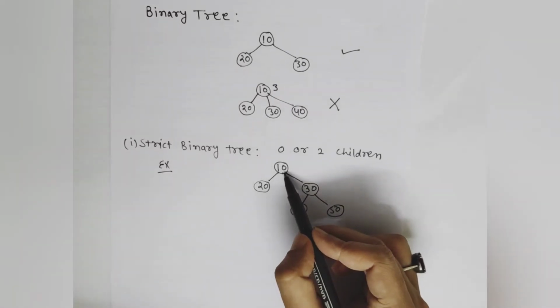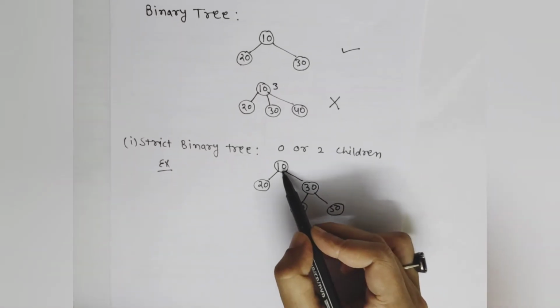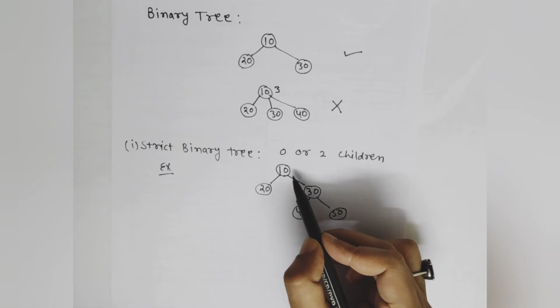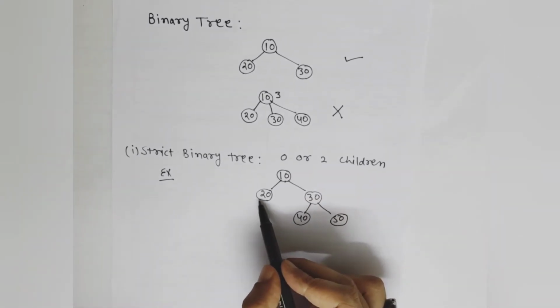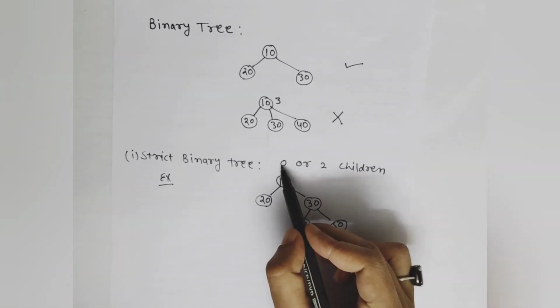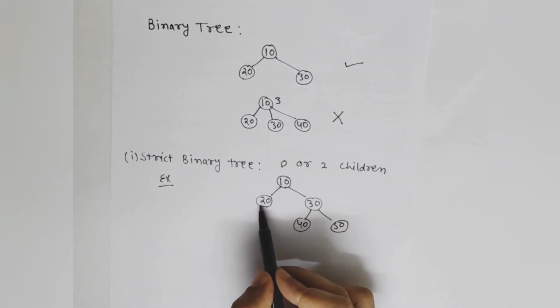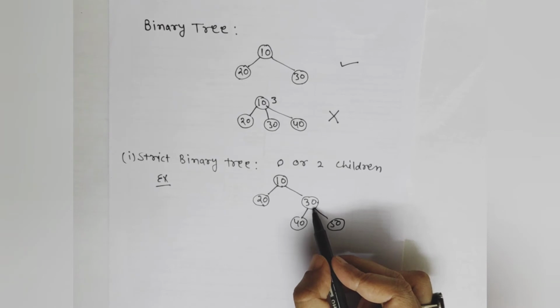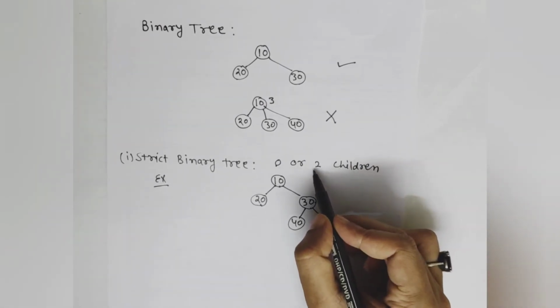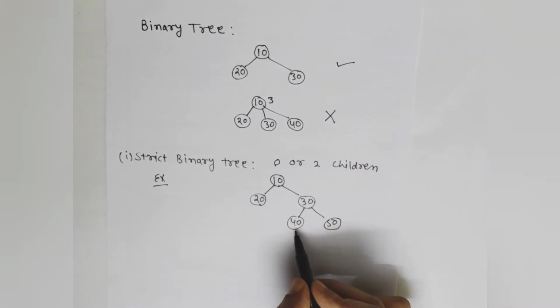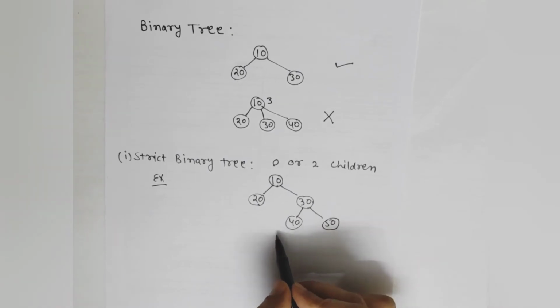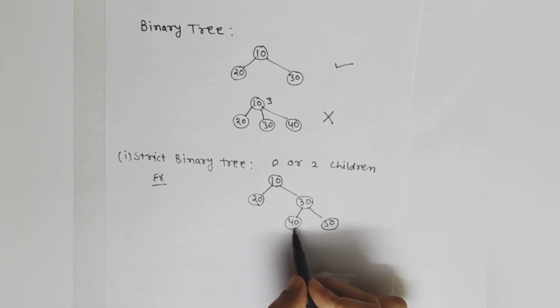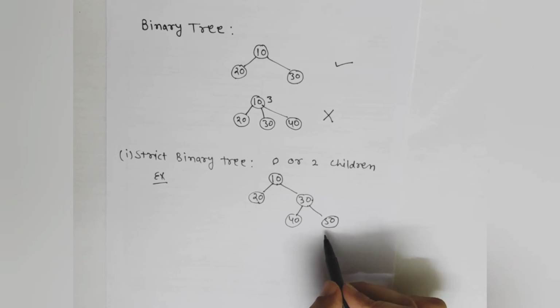Now we have to check whether it is a strict binary tree or not. For 10 there are 2 children, so there is no problem. At 20 there are 0 children, so it satisfies the property. For 30 there are 2 children, so it satisfies the property. At 40 there are no children, and for 50 there is no child.